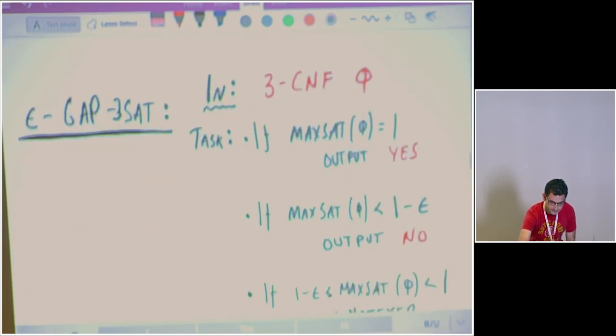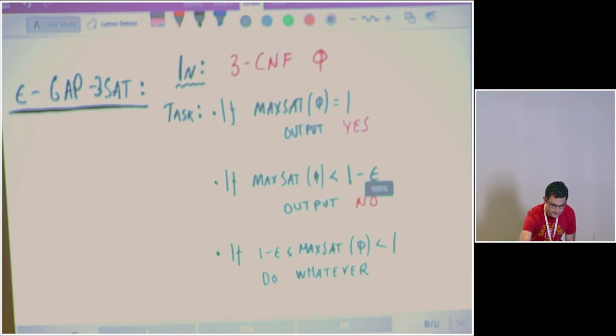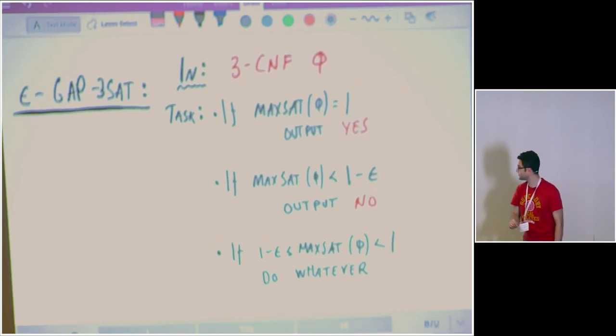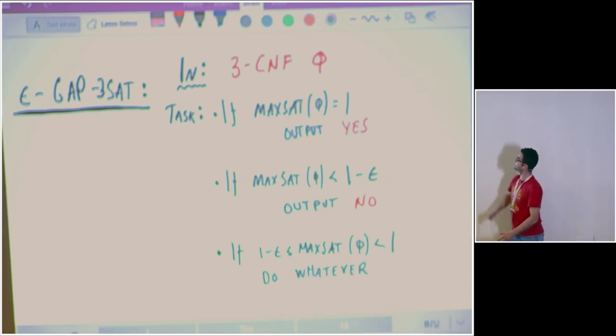So now we're going to define the gap problem, the epsilon gap version of 3-sat. Here the input is a 3CNF, and the job of the algorithm is to do the following. If the CNF is satisfiable, you should say, yeah, it's satisfiable.